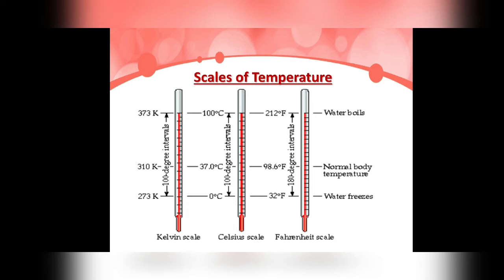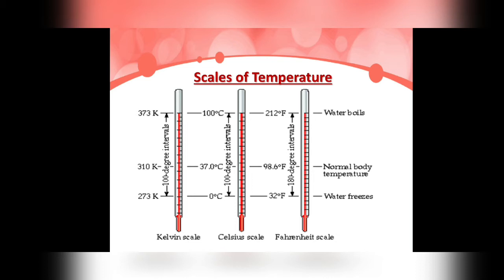Now the Kelvin scale has 100 divisions. In the same way, the Celsius scale also has 100-degree intervals.